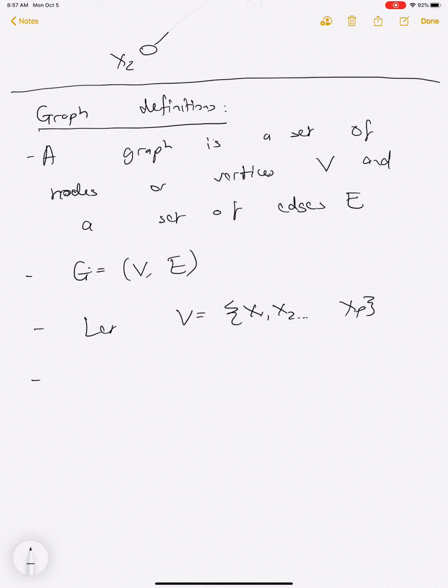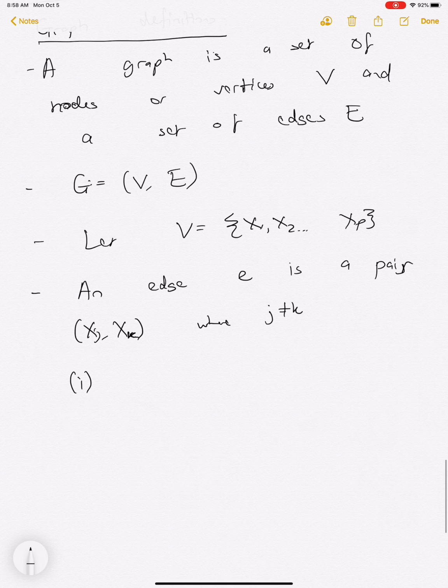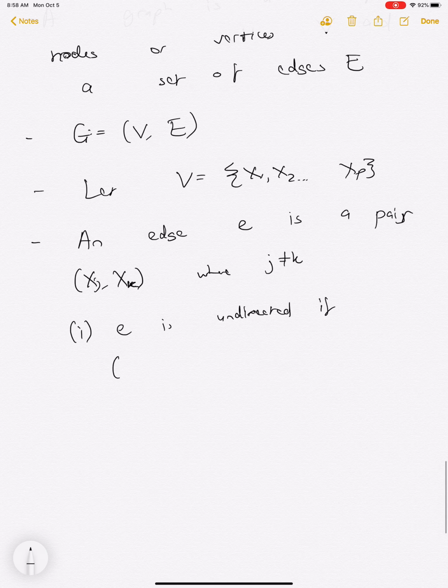So an edge E is a pair xj, xk, where j not equal to k. And there's two possibilities.